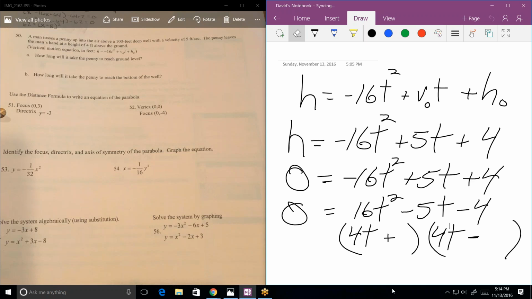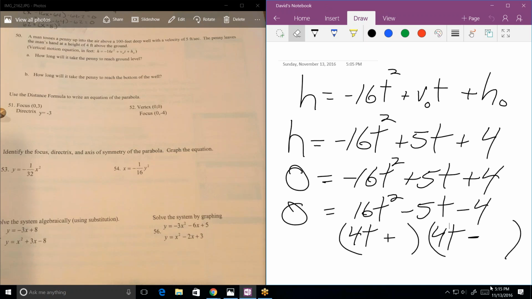Oh man, I can't believe they did this to you. Why did they make it so hard? There's no factors of 4 that are going to produce this middle term. I could make it 2 and 2, but 2 and 2 produce nothing as a middle term. 4 and 1 produce 12 as a middle term.